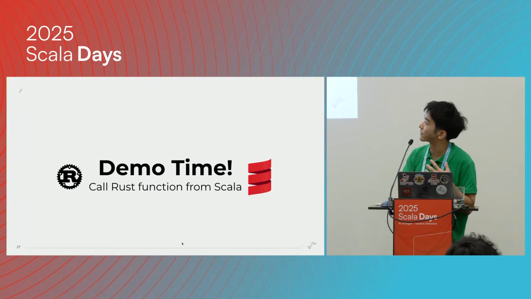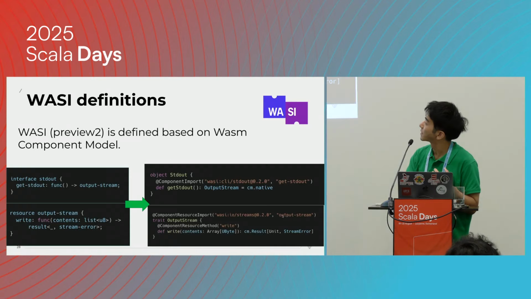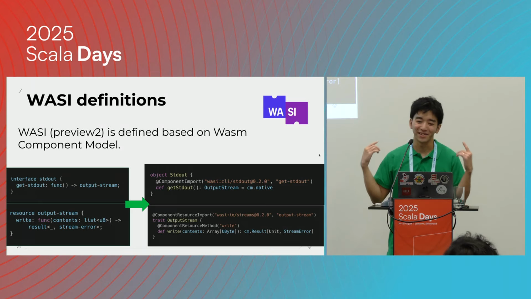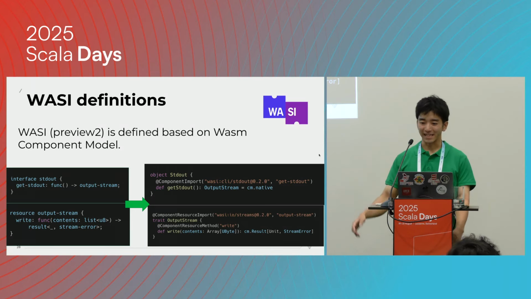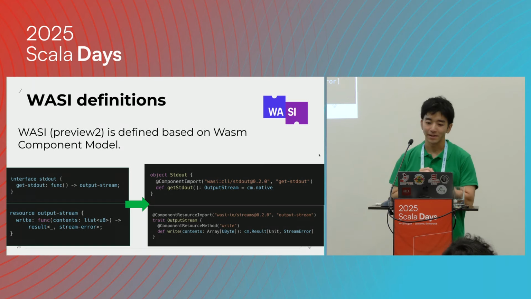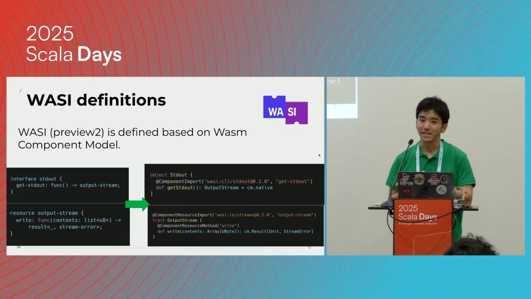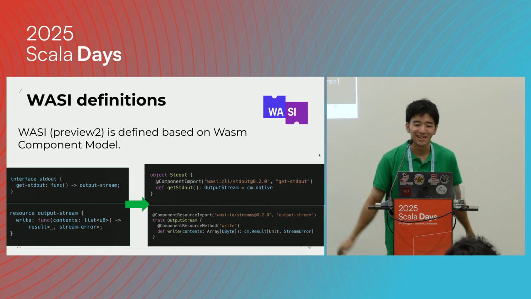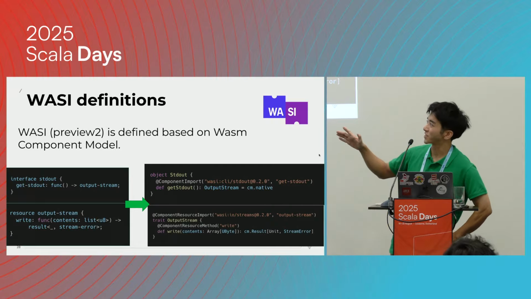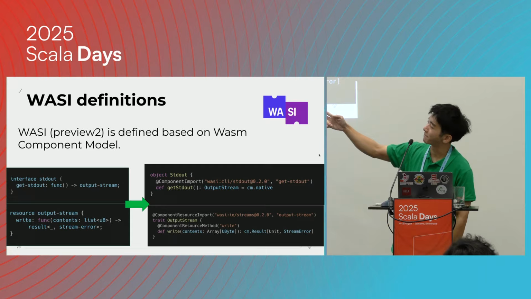I have only a few slides left. What I was talking about was getting back to WASI. Remember, WASI is a standard system interface for Wasm, and the current version, WASI Preview 2, is defined based on the Wasm component model. That's why I was talking about the component model. For example, the getStdout function is defined like this in WIT.